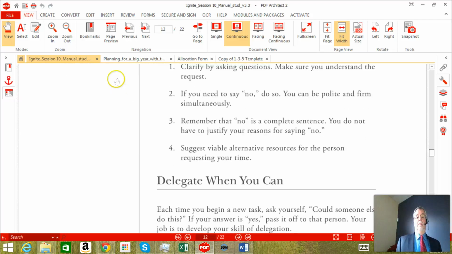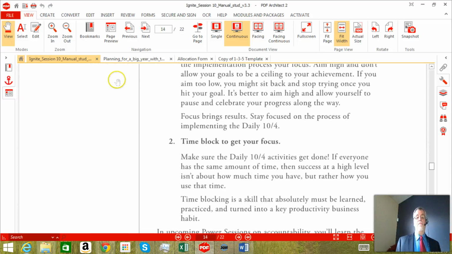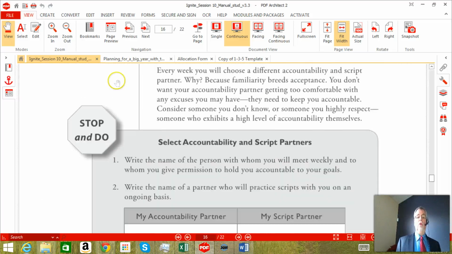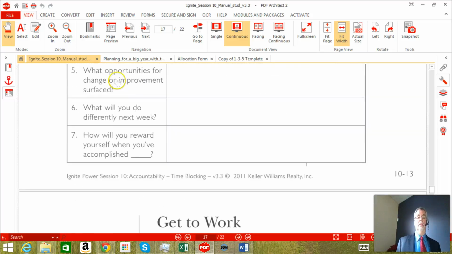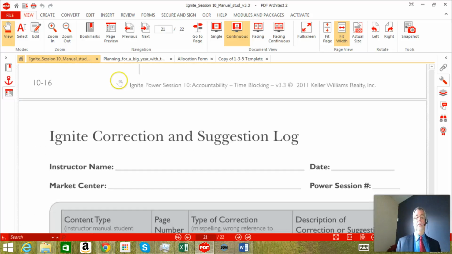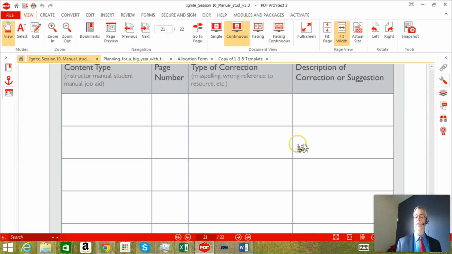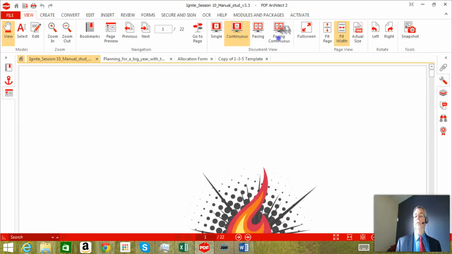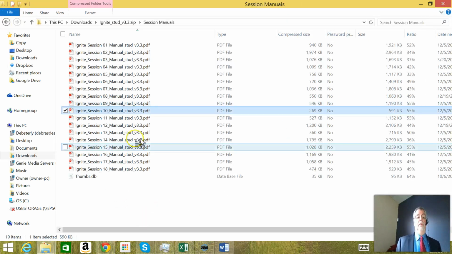And by the way, if you aren't doing 16 transactions a year, you might want to go through Ignite again. Which one did you say it was? So it's not there. 10.